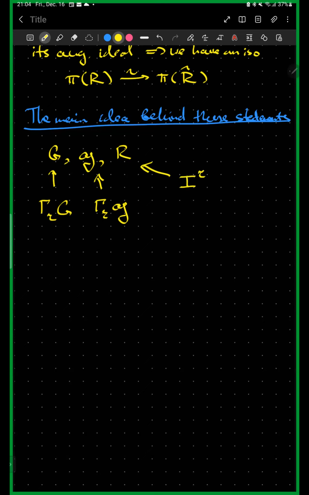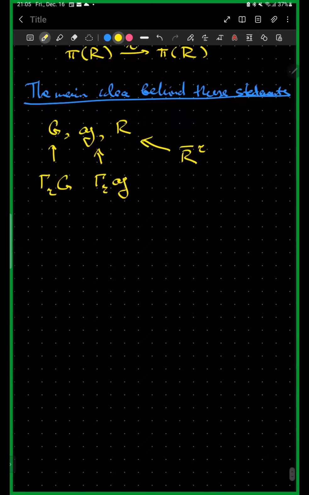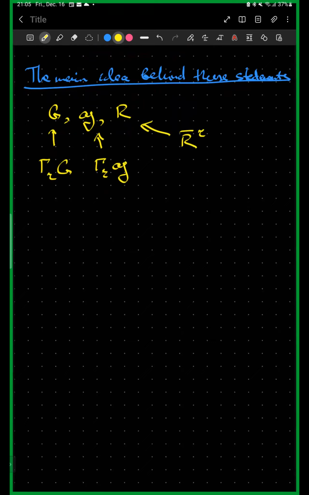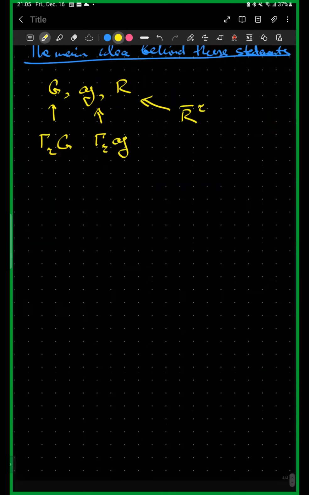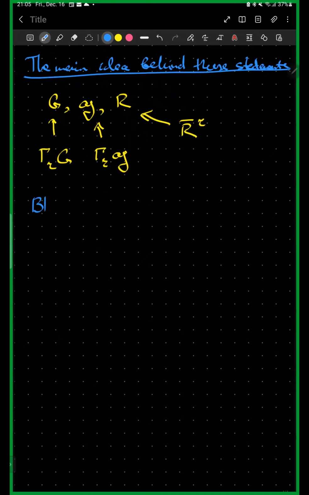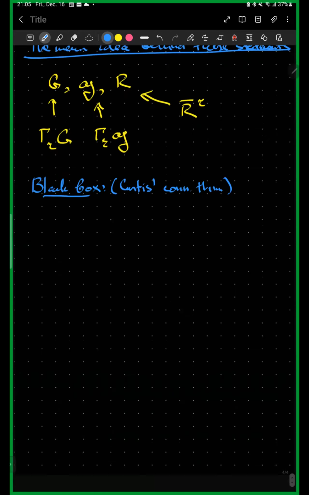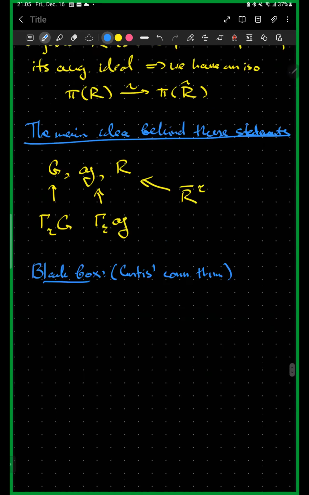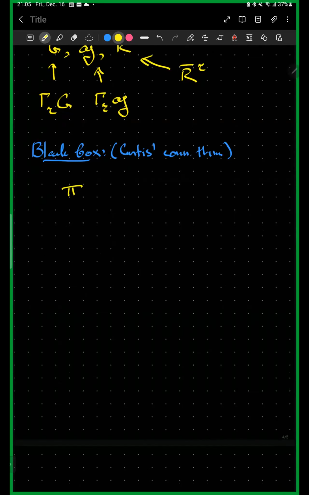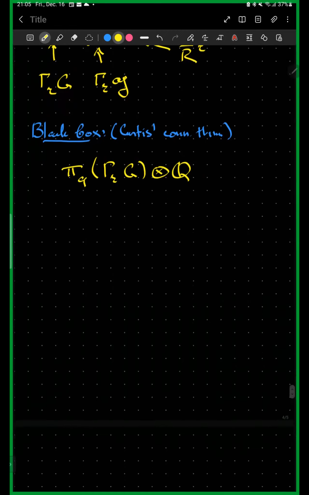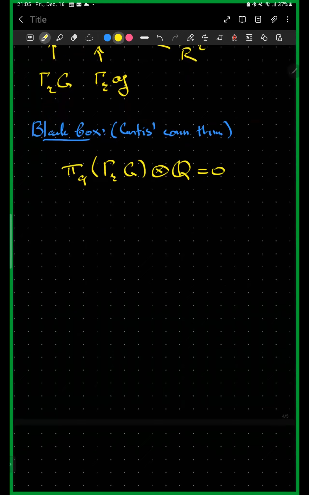And here we have a filtration by powers of the augmentation ideal. I guess Quillen denotes it like this, where R bar is the augmentation ideal of R. And the idea is that if we have such filtrations, then we have this black box known as Curtis's connectivity theorem, which asserts that these filtrations are homotopically exhaustive, so to speak, which in plain terms translates to the fact that if we take a large enough index in this filtration, then the homotopy groups vanish.